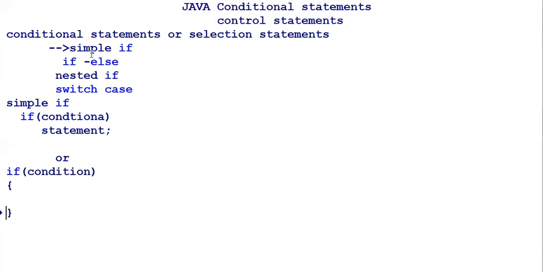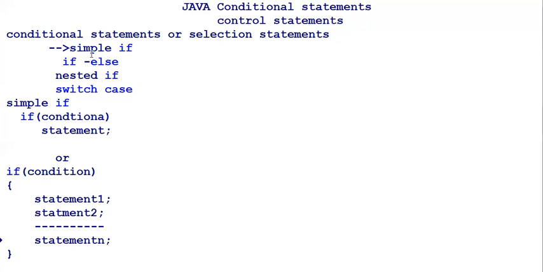Statement 1, statement 2, up to statement n, are enclosed in one block, and these statements will be executed whenever the condition is true.